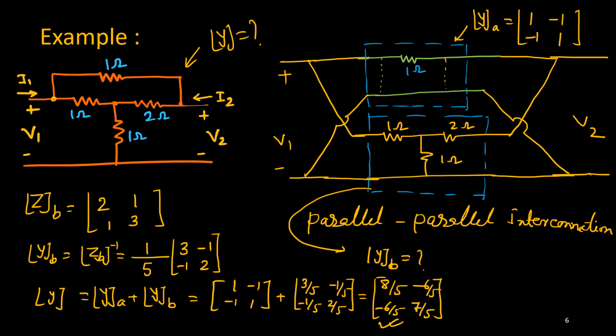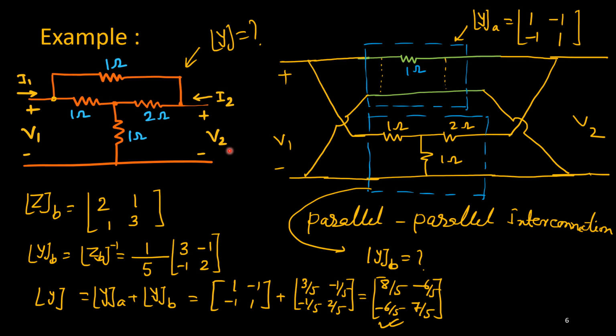So you can check this one by other methods also. You can go for delta to star conversion. In this one, you can just replace this one by star network or T network here. Then you can get equivalent T, and from that you will get your Z parameter.